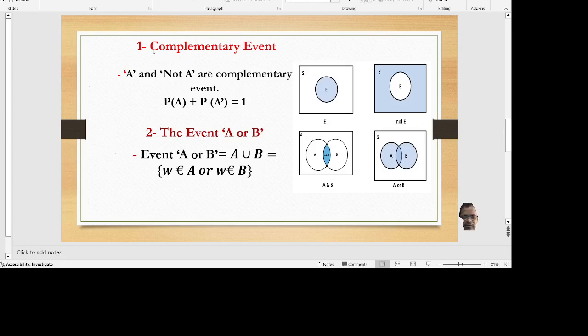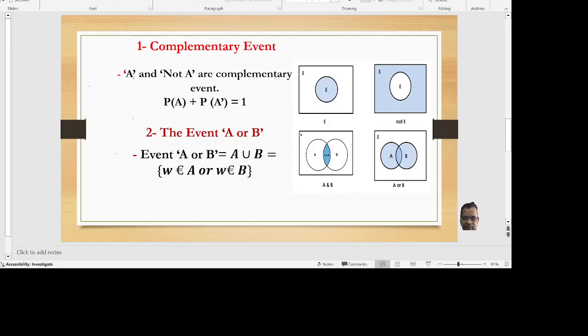Then we come to the complementary event. What is a complementary event? We have already found it out. A dash, if you can remember from class 10: A and not A. Not A is usually expressed as A dash. These are complementary events: something is going to happen and something is not happening. For example, we will play football. If we play football, we will not play cricket.